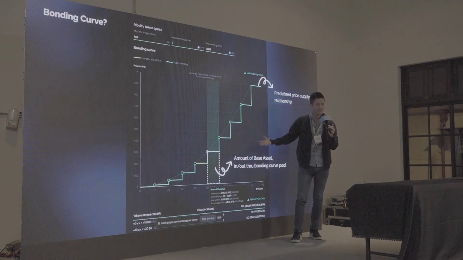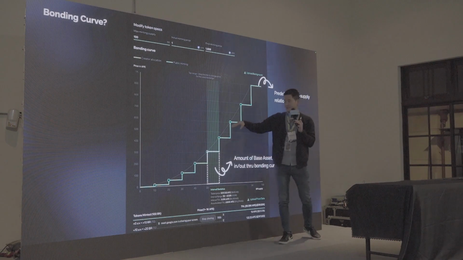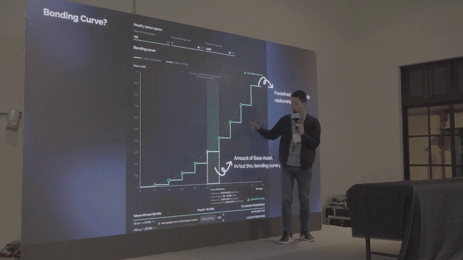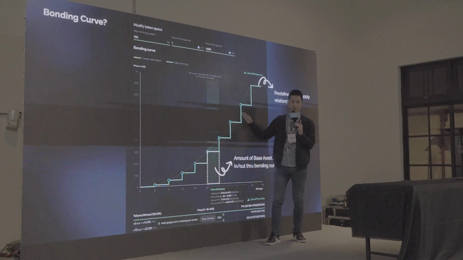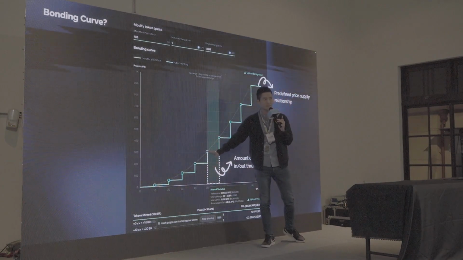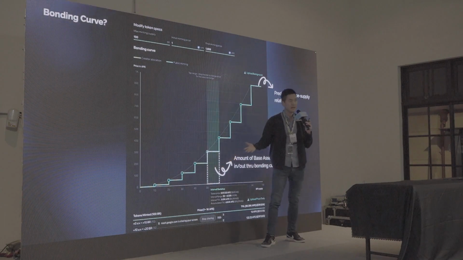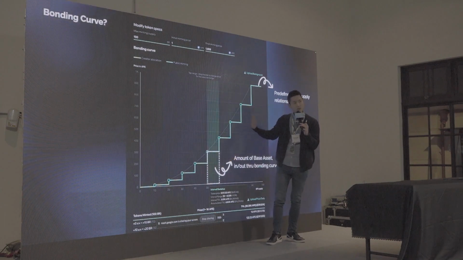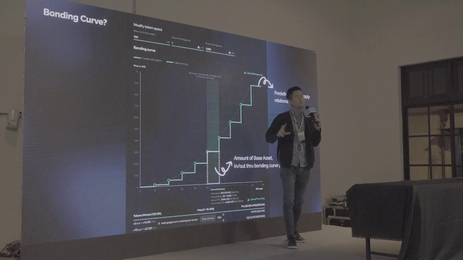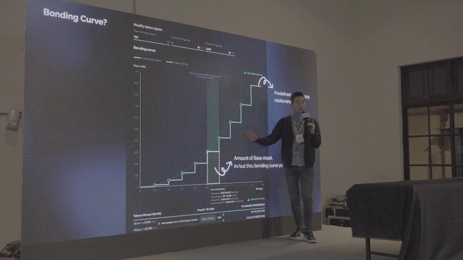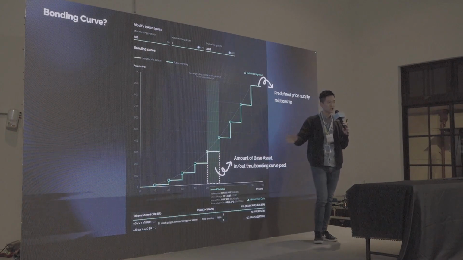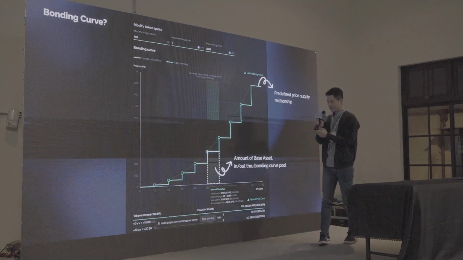Why do we do this? Because the bonding curve works automatically, increasing or decreasing the pool based on token demand. And the token creator does not need to manually supply the liquidity pool on Uniswap, which saves a ton of money and a ton of process, right?